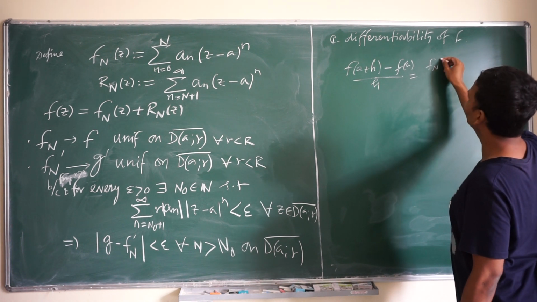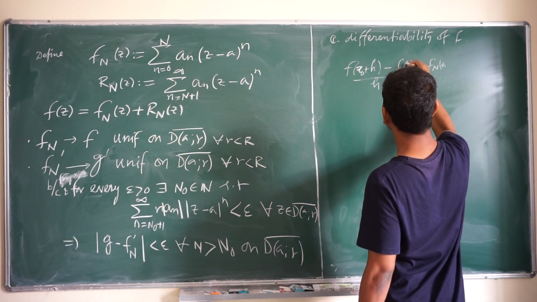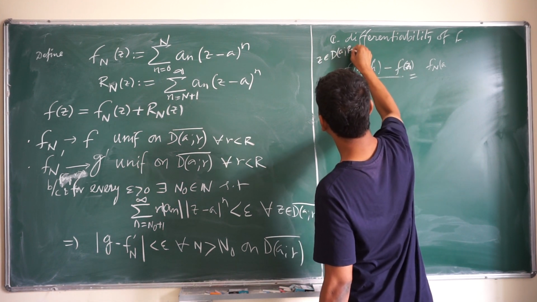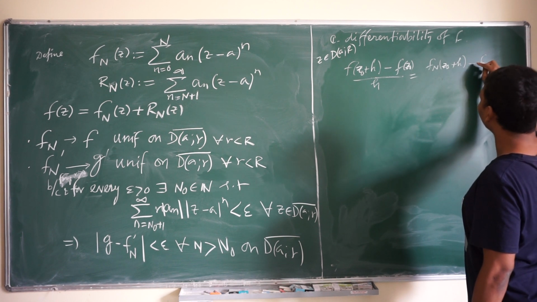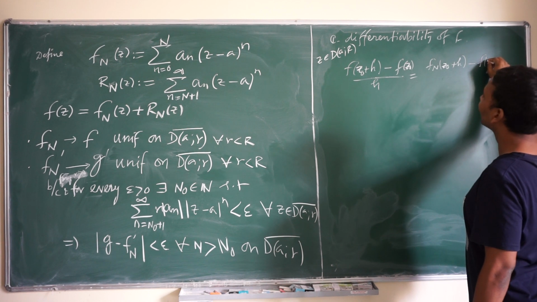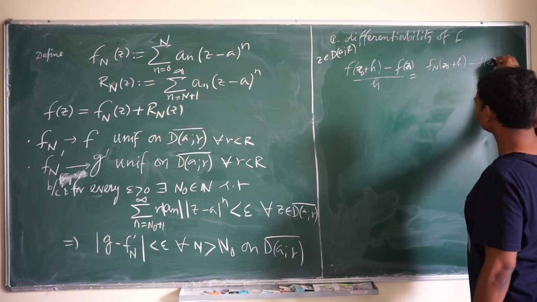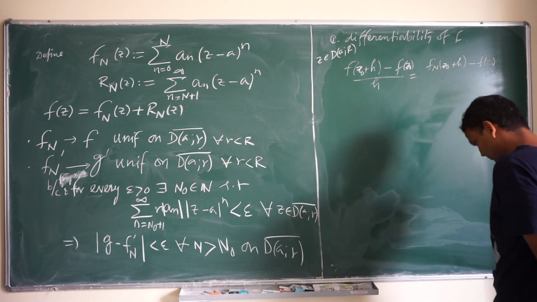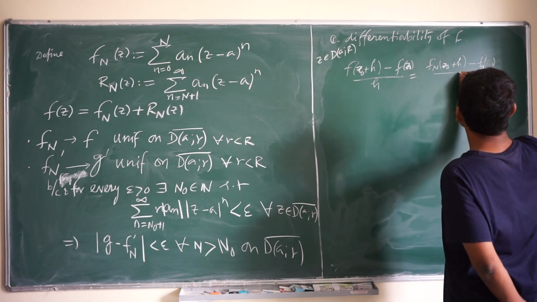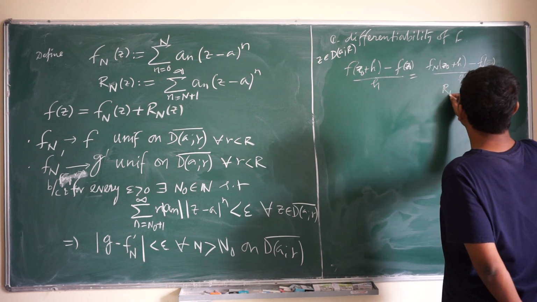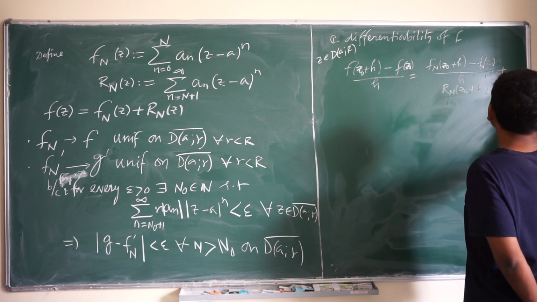Put a z naught here, a is fixed, z naught in D(a, R). So it is (Fn(z naught plus h) minus Fn(z naught)) by h plus (Rn(z naught plus h) minus Rn(z naught)) by h.